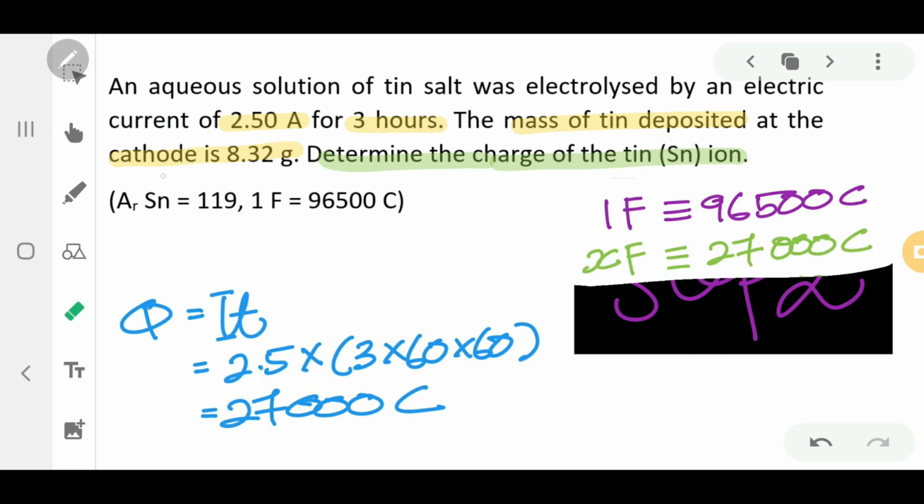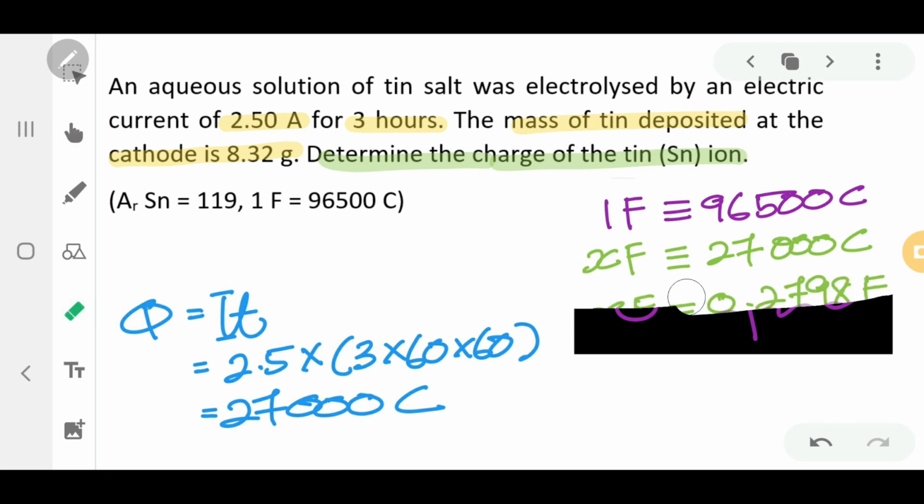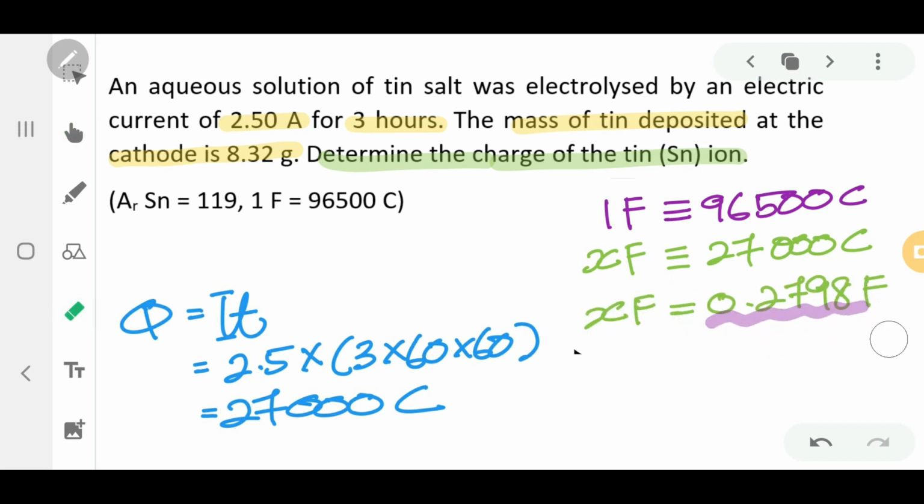In step 2, we need to use the proportionality. We want to find out what is the Faraday number for 27,000 coulomb. By doing that proportionality, you would be able to convert coulomb into Faraday.